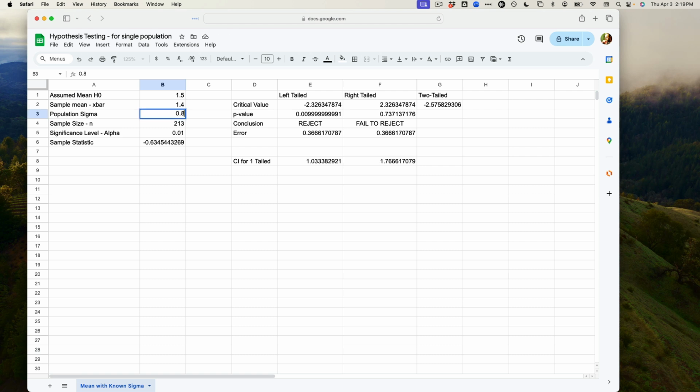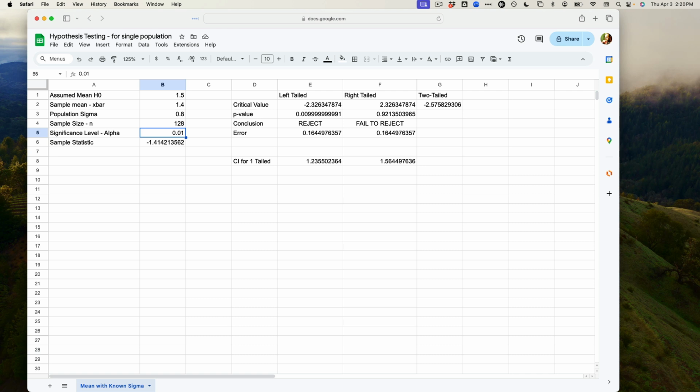Can you say 0.8 children? You can't say 0.8 children because 0.8 is less than 1, right? It's 0.8 child. Like 80% of a child, right? That's just weird. Sample size 128. Okay, significance level is 0.